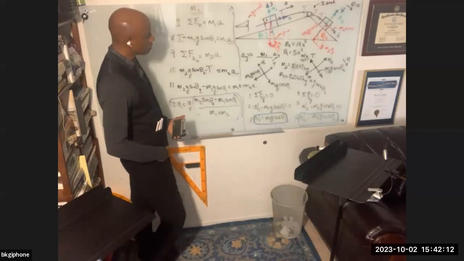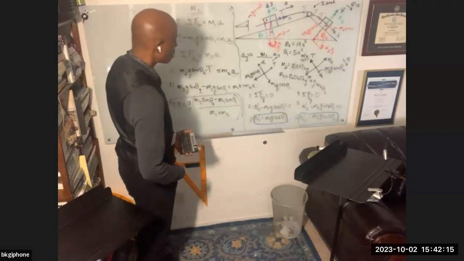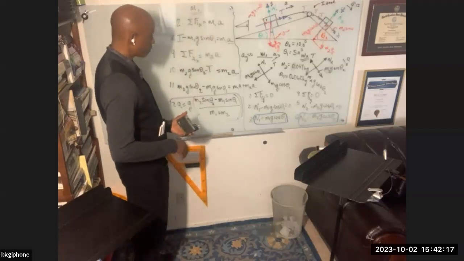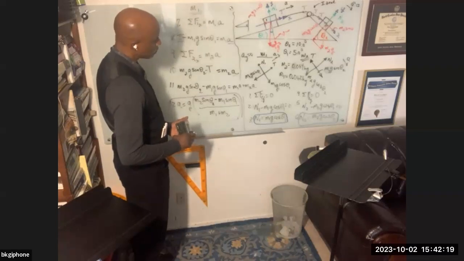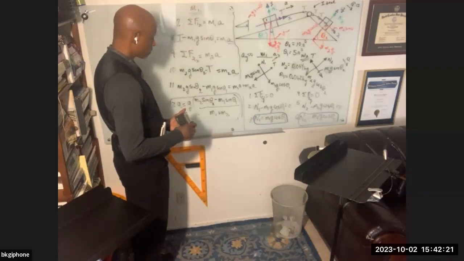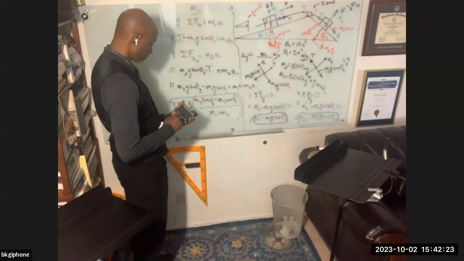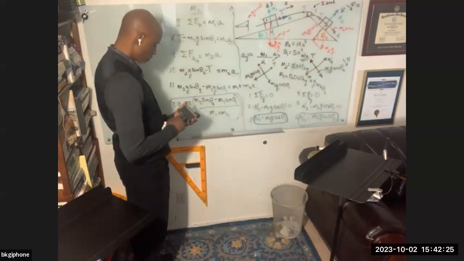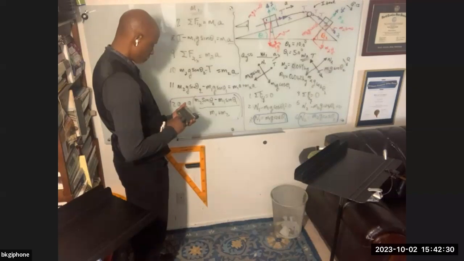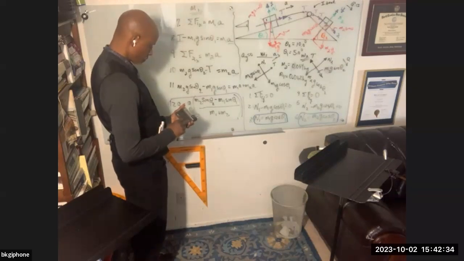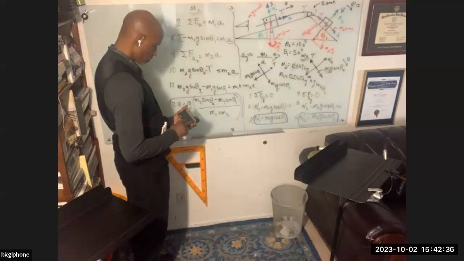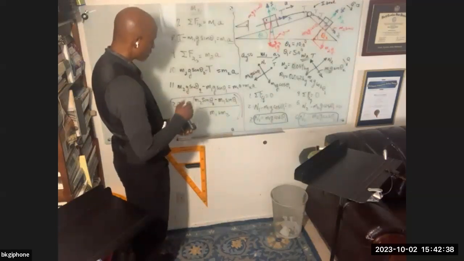Theta 2 is 10 degrees, and M2 is 0.064, right? Yeah, okay, so then let's just keep going.